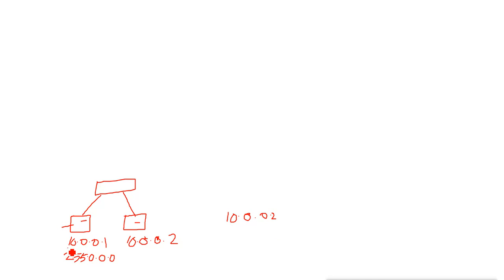It says my IP is 10.0.0.1, and my network mask is 255.0.0.0. That means this is the network part. This is my network. So it checks its own network first.